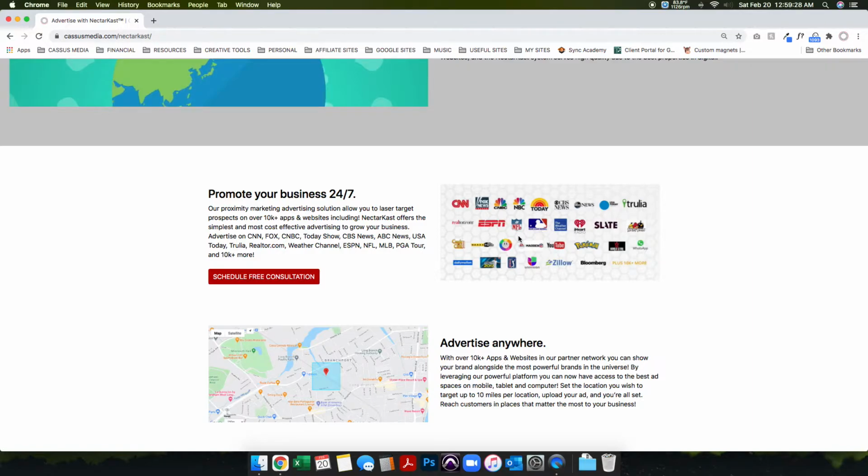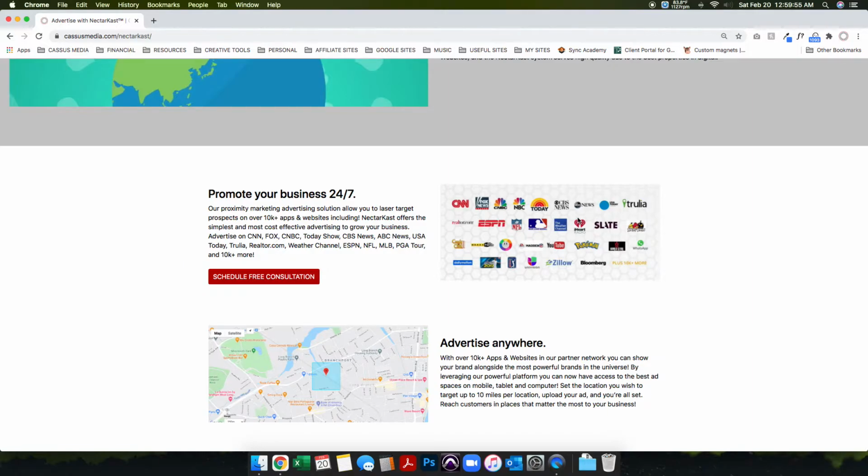And on this ad exchange network, there's a whole bunch of bidding going on. It's kind of like a big auction on the internet behind the scenes. Platforms like Propeller Ads, Google, Bing Ads, NectarKast, they all bid on advertising spots on websites.